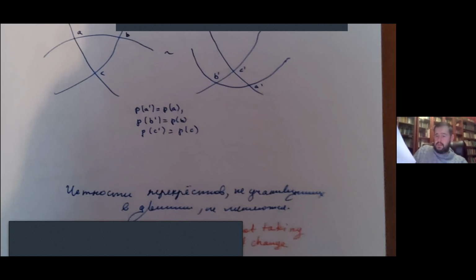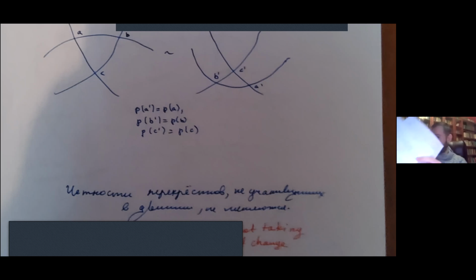Конечно, вы это легко видите при рассмотрении гауссовых диаграмм. Но также легко видеть, что выполняется следующее свойство. Сумма четностей трех перекрестков равна нулю по модулю 2.